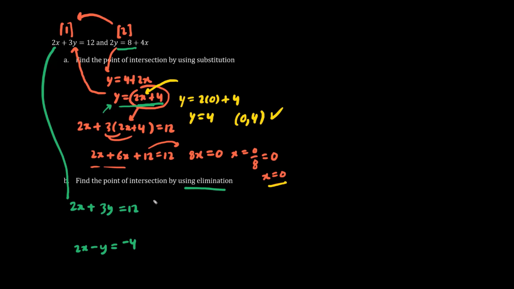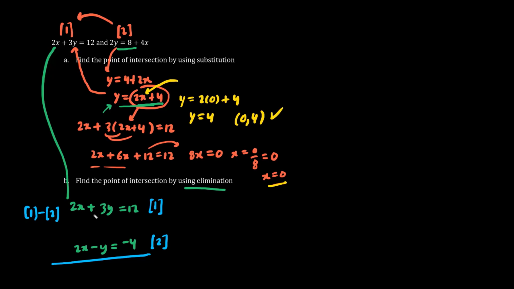So this here is our equation number 1. This here is our modified equation number 2. And we're going to subtract 1 minus 2, the entire equation. Top minus bottom. 2x minus 2x disappears, it becomes 0. The x's are eliminated.